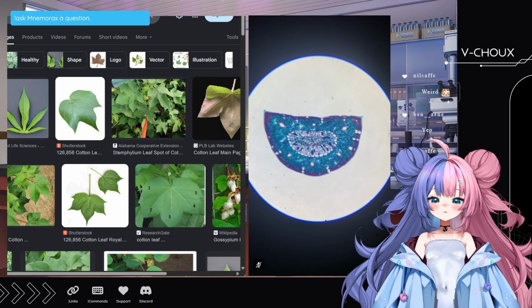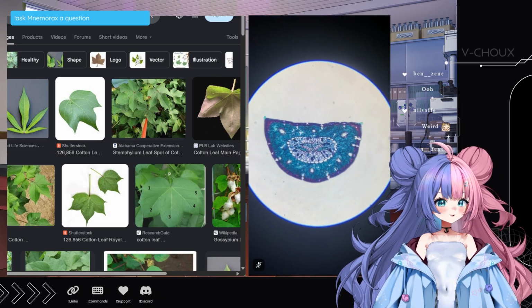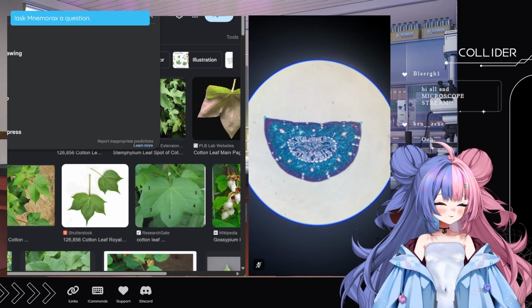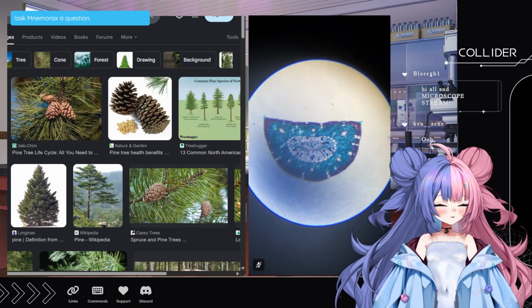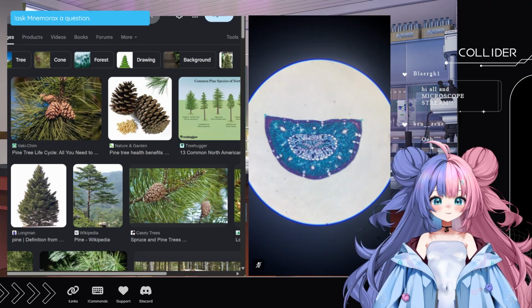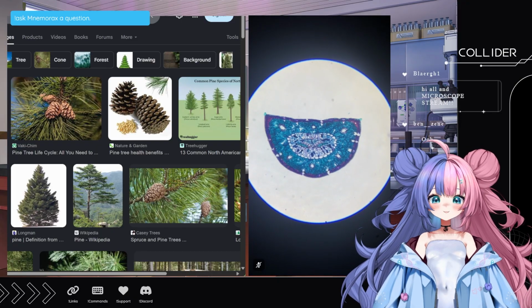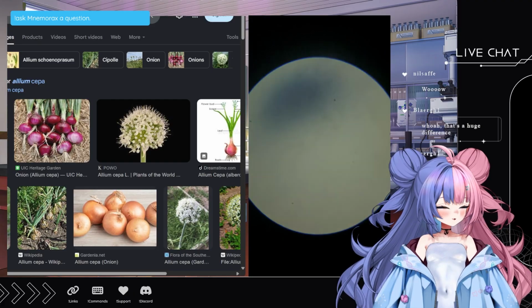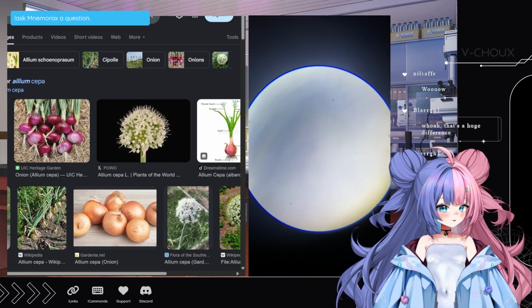This is a pine leaf. So, wait, I think I found it. Let's see if I can zoom even more.